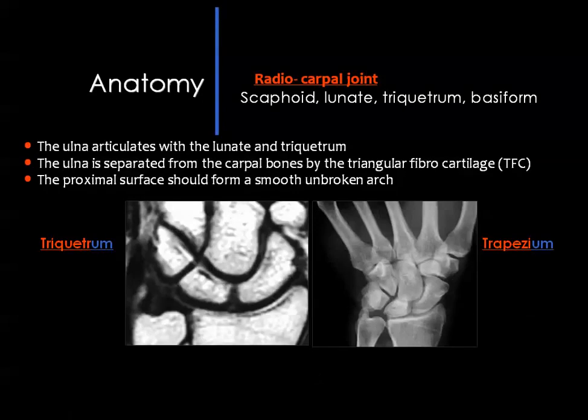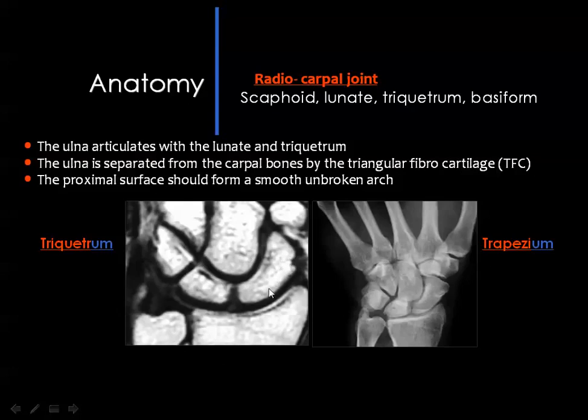Starting with the carpal bones. There are a lot of ways to remember their names, but I recommend the simplest way, which is remembering their accurate names. This is the radius and this is the ulna. This is the most important bone in the carpus, in my opinion, which is the scaphoid.